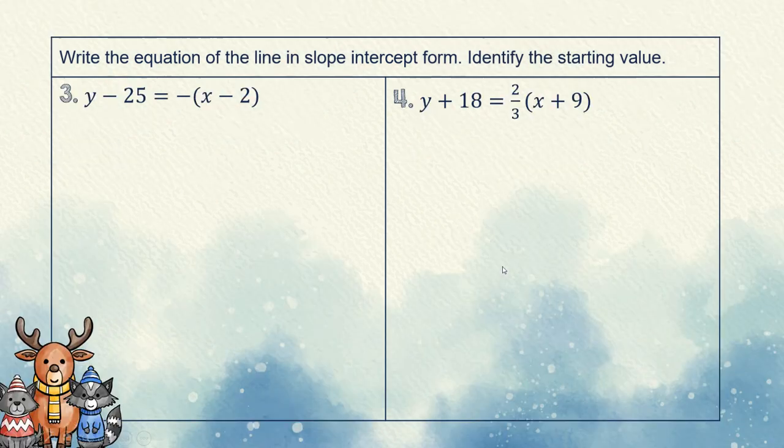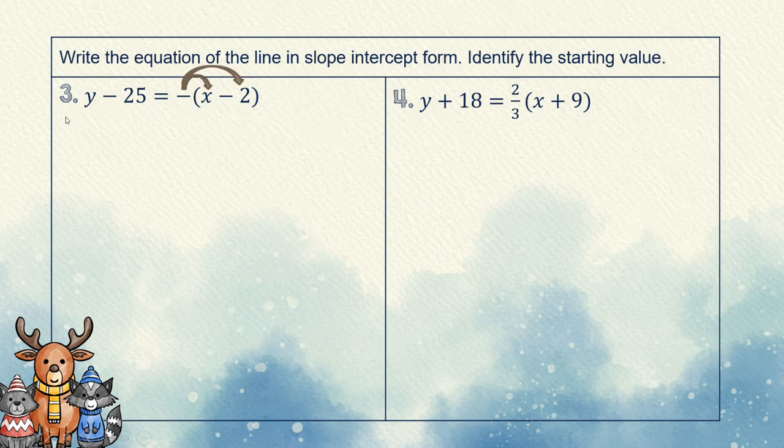Okay, so number 3. Now in number 3, this looks a little different. This isn't standard form anymore. Hopefully the first thing you guys are telling us to do right now is to distribute. Remember, when we distribute here, there's no number here, but we still have to distribute this negative sign to each term inside the parentheses. We can imagine this is like a negative 1.